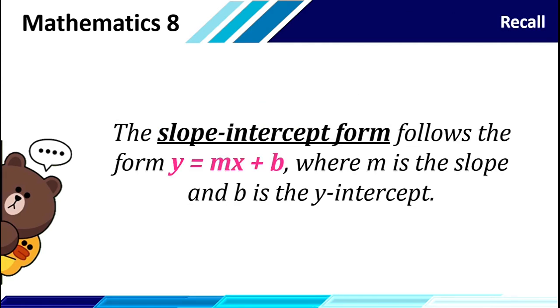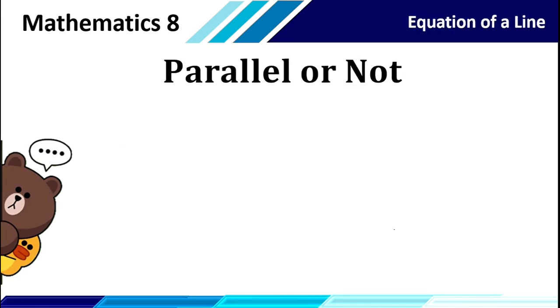Always remember, for us to easily find the slope of a particular equation, we must transform or convert it into slope-intercept form, which follows the form y is equals to mx plus b. Now, let's identify whether the following equations are parallel or not.